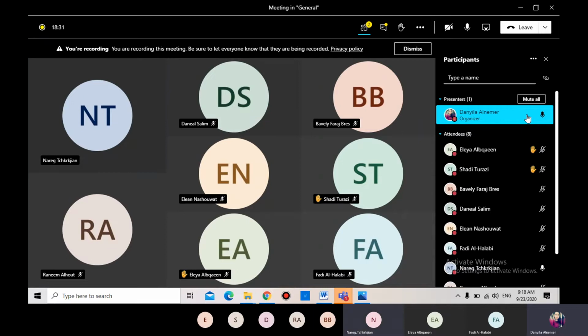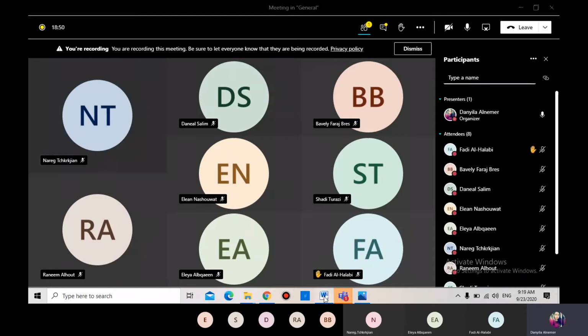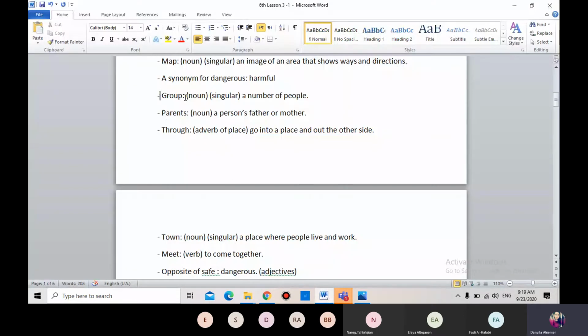You are standing with a group of people, isn't it? Okay, you can turn off your mic now. So, a group of people. So this is what we mean by a group.